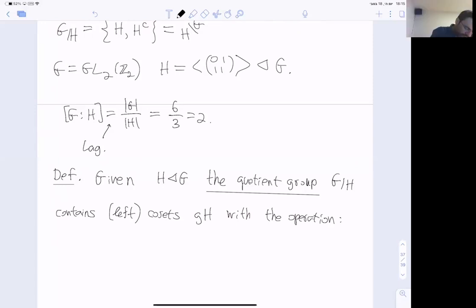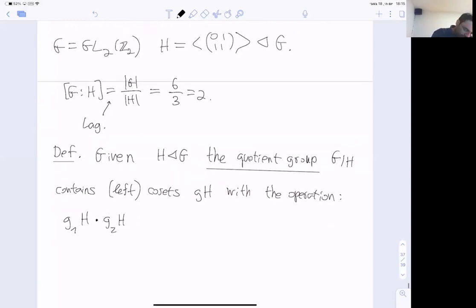If we take 2 elements, the operation between the 2 elements is exactly the original operation. Only we know that this thing is equal to this.